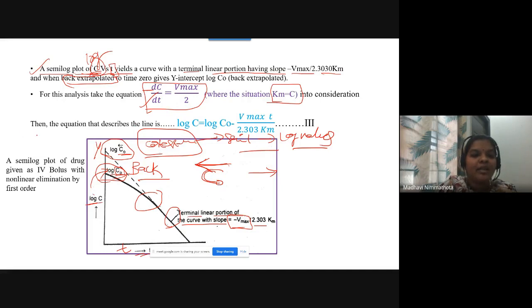Then the equation that describes this line is log C is equal to log C naught minus Vmax into T by 2.303 Km. From which equation do you get this equation?